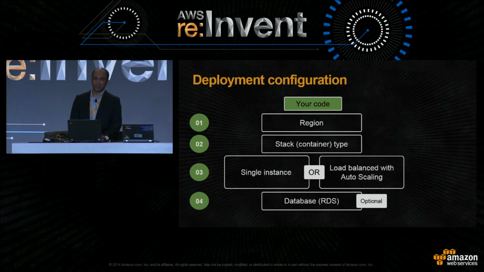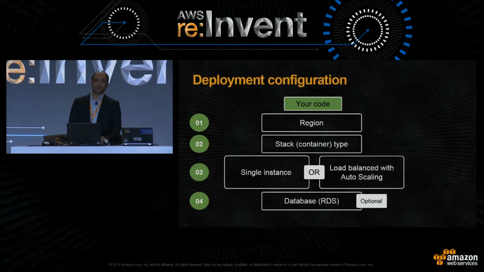So what do you need to deploy your application to Elastic Beanstalk? So as you can see, the first thing you need is your code. You need to know the region you want to deploy your code to. We're in 9 public regions out of the 11 AWS public regions, I believe. And we'll be in the other ones fairly shortly. You need to know your stack or container type. So are you running a PHP application?